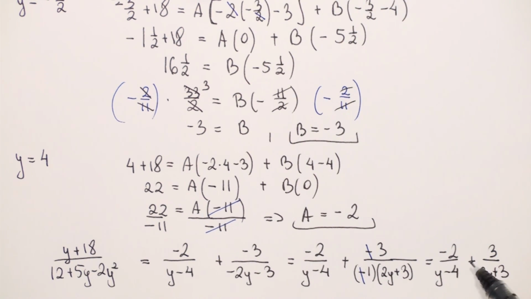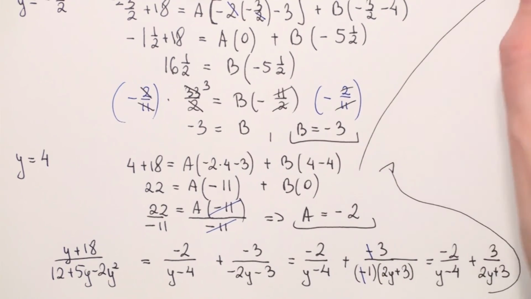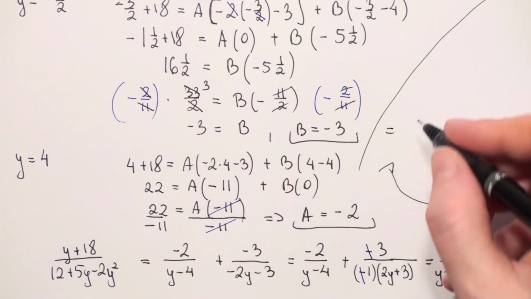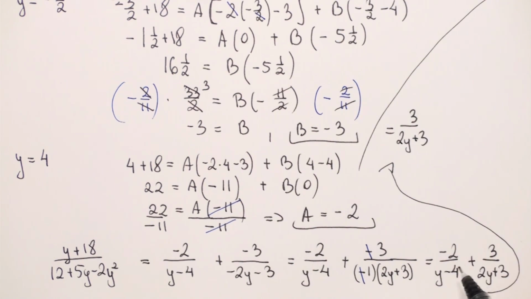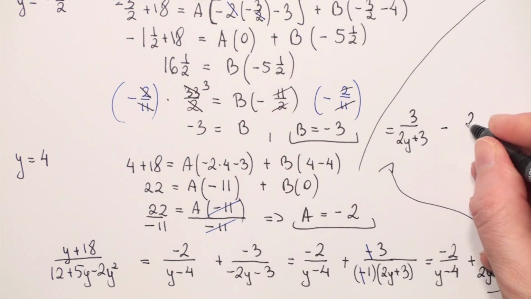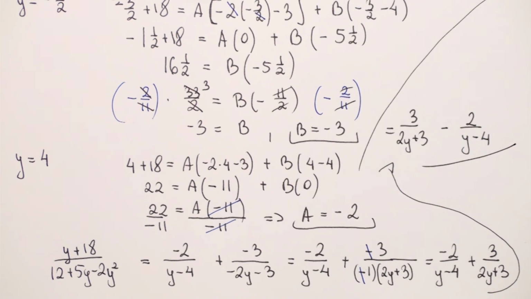And we always try to write the positive expression first, so we can rewrite that this is equal to, let me write this here. First I will write the fraction 3 over 2y plus 3, and we have this negative sign, so we take this negative sign before this whole fraction, so it will be negative 2 over y minus 4. This is my solution.